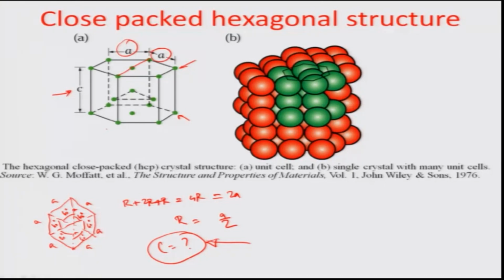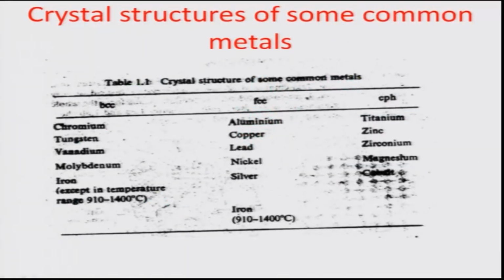Having said that, you have looked at the hexagonal close packed structure, and also the face centered cubic and body centered cubic structures, and how the atomic radius can be mapped with respect to the lattice spacing. Let us look at some commonly available materials which can be classified into the various structures we have discussed. For example, chromium, tungsten, vanadium, molybdenum, iron.